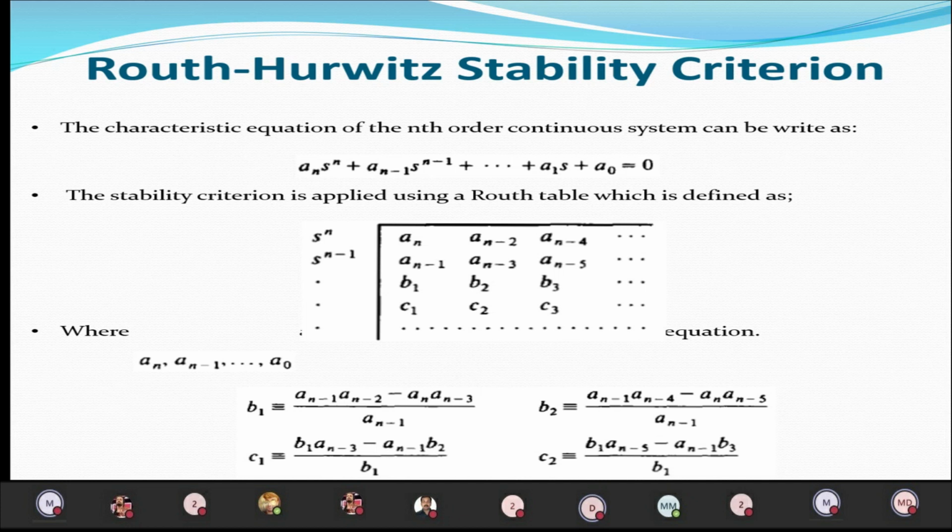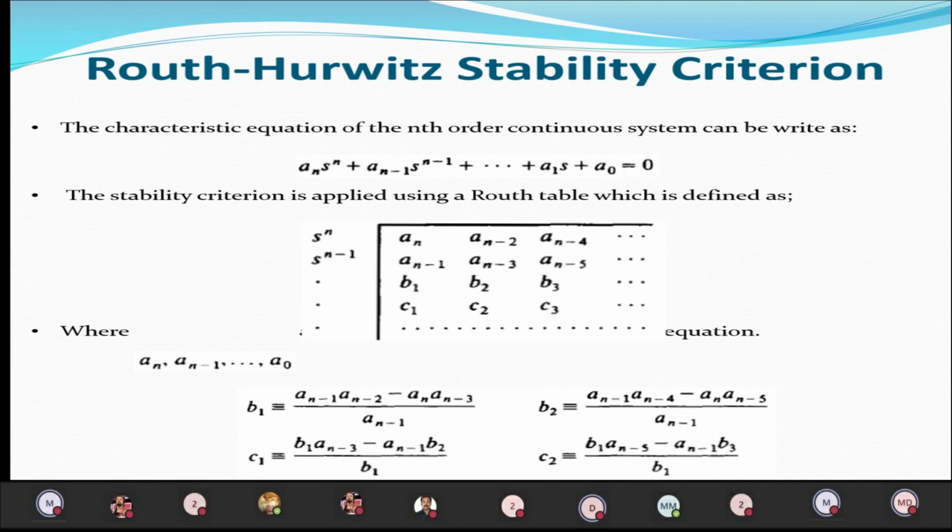Similarly, it has been written over here also. For an nth order polynomial equation, which is given as a_n s^n plus a_(n-1) s^(n-1) plus ... plus a1 s plus a0, you can see s power n is given. Here the highest s power gives the number of poles available in the system.